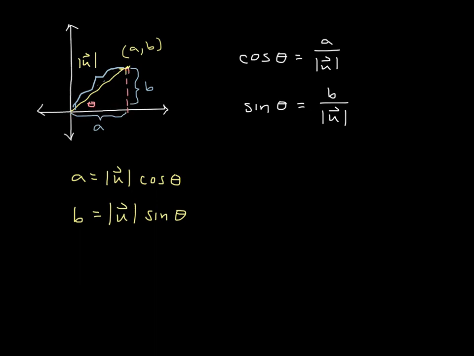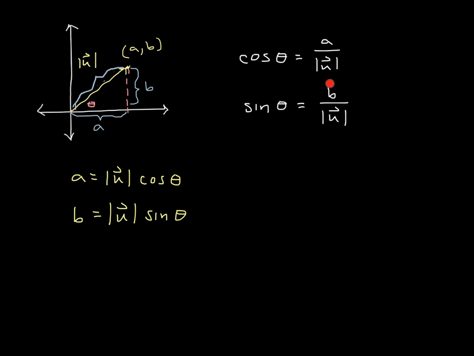And of course, we do have a right triangle. We do also have our direction angle here. And so what I can say from SOHCAHTOA, from what we've seen in the past, is that the cosine of that angle is going to be adjacent over hypotenuse. So I get A over the magnitude of u. And the sine of that angle is going to be opposite over the hypotenuse.